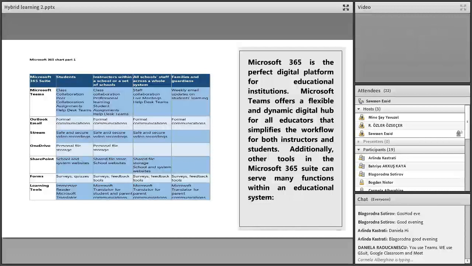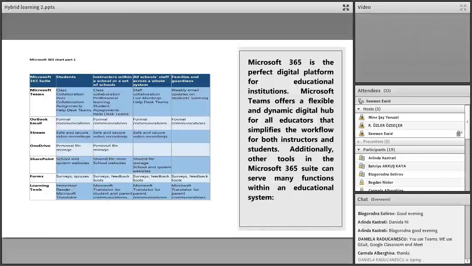Yes, Google Classroom and Meet as well. Yes, sure. There are lots of educational tools and digital platforms to be used, but here I'm talking about how some governments opt for certain platforms, like Microsoft Teams or Microsoft 365, Office 365, because these allow teachers to have their accounts for free.